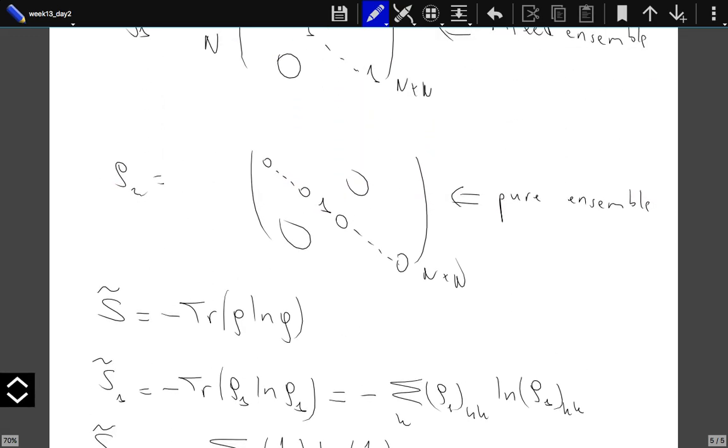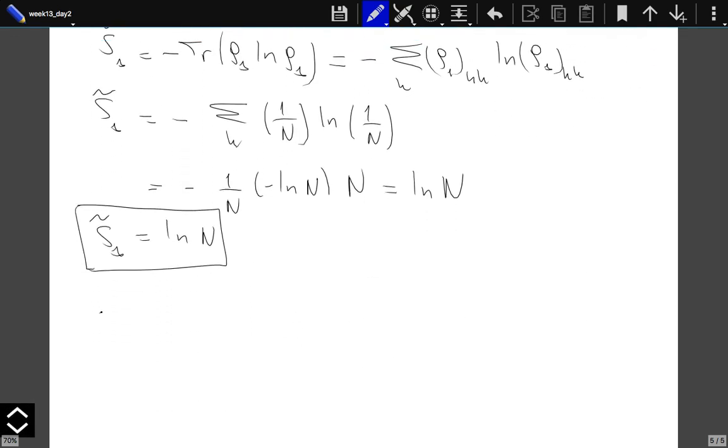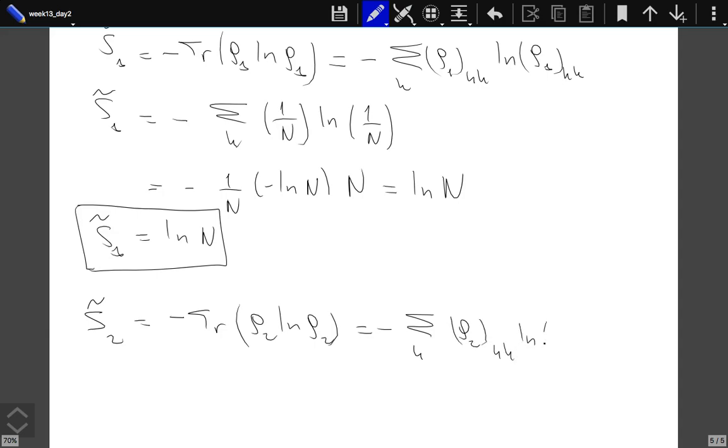Well, let's look at the other one for rho 2. I can just do the same thing: minus the trace of rho 2 logarithm of rho 2. In the diagonal basis, this is rho 2 kk logarithm of rho 2 kk. Only for one element is this non-zero, and for that element, rho 2 kk is 1.